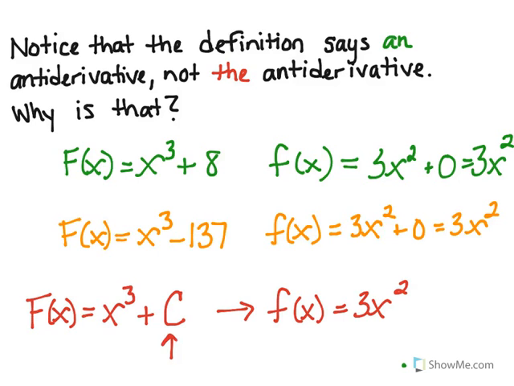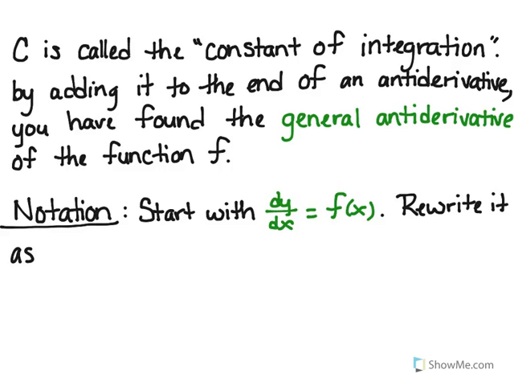This constant is incredibly important when we're talking about indefinite integrals. This constant is always written with a plus capital C, and it's called the constant of integration. By adding it to the end of an antiderivative, you have found the general antiderivative for the function, or a general solution for the antiderivative. It gives you a family of antiderivatives.